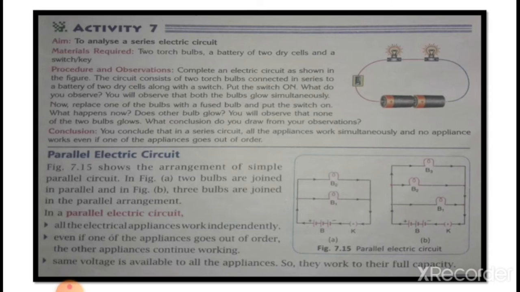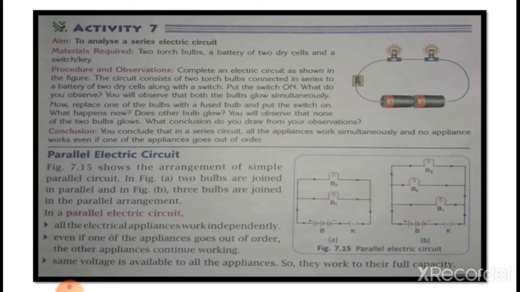Let us study. First one is that all the electrical appliances work independently. Even if one of the appliances goes out of order, the other appliance continues working. Same voltage is available to all the appliances, so they work to their full capacity. In the series connection, we have discussed that all the electrical appliances work simultaneously, but here all the electrical appliances work independently.